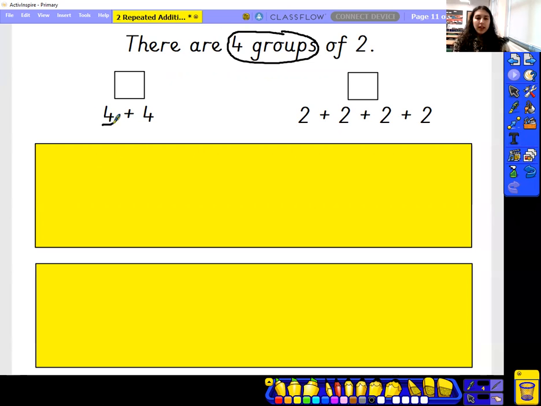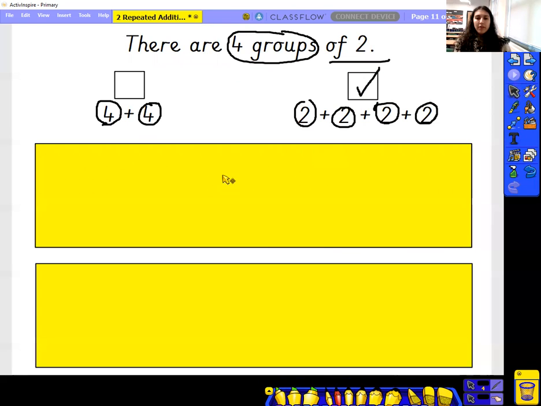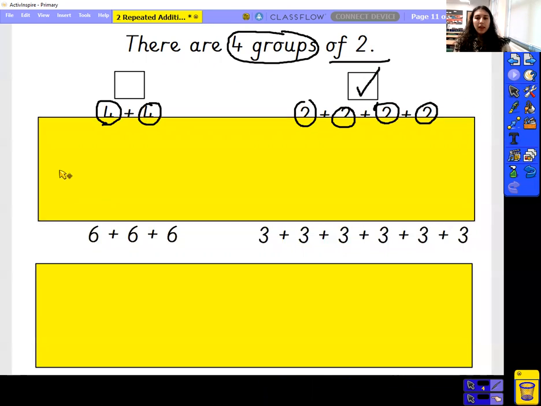Well, I can see over here that I've only got 1, 2 groups. But over here I've got 1, 2, 3, 4 groups. So this is showing me 4 groups. Inside each of these groups, do I have 2? Yes, I do. So I have got this one being represented there.